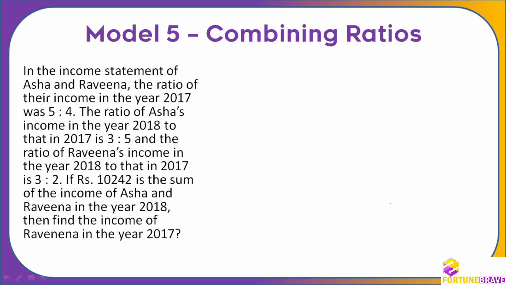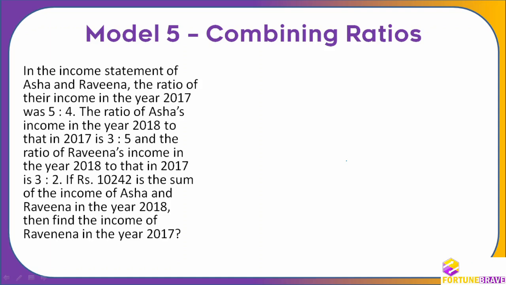And then we are going into next level, mains examination level of questions. Okay, so this is the question that is appearing in front of you now. In the income statement of Asha and Ravina, the ratio of their income in the year 2017 was 5 is to 4.